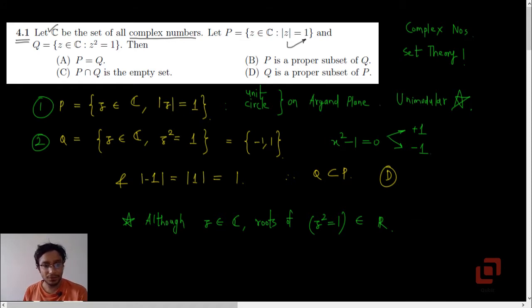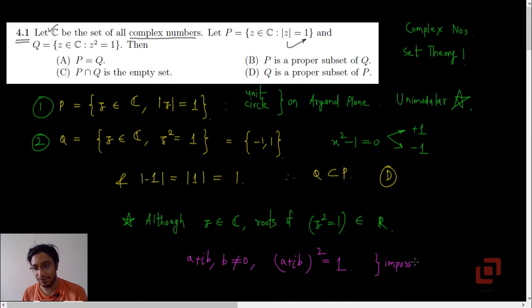So if someone is telling you that he or she has a complex number in the form a plus ib with b not equal to 0 and (a plus ib) squared equal to 1, then that is wrong, that is impossible. If a and b are real numbers with b non-zero, then you cannot have (a plus ib) squared equal to 1.